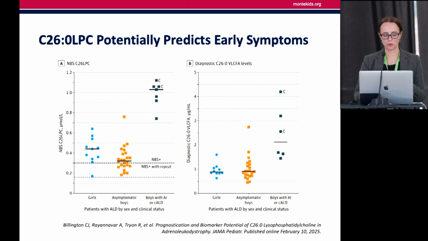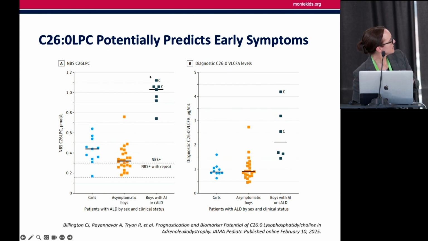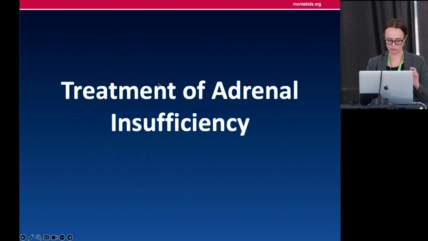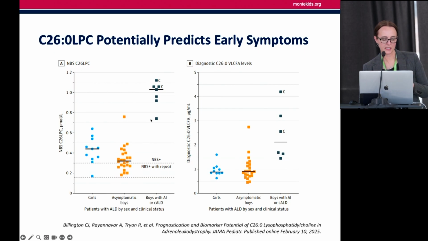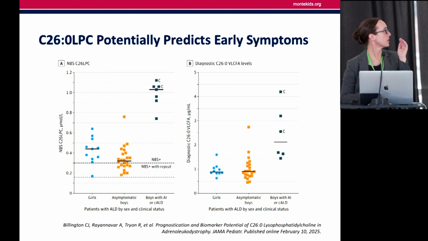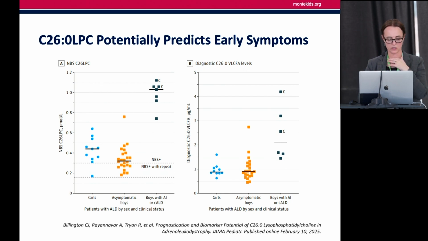And what they were showing is that the kids who were in this higher level, who had the higher levels of C26 LPC, were more likely to have symptoms in the first few years than the kids who had the lower levels.